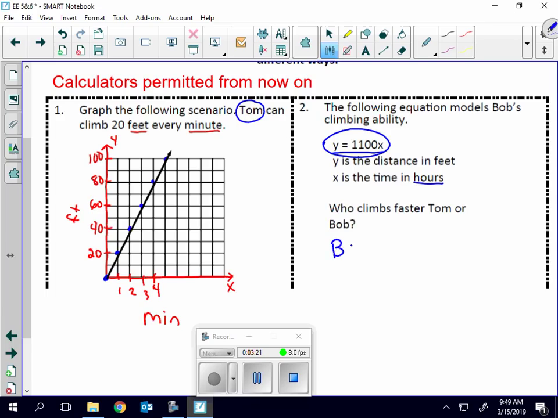Bob is over here. We know his equation is y equals 1100x. So he can climb this many feet per hour. So 1100 feet per hour.